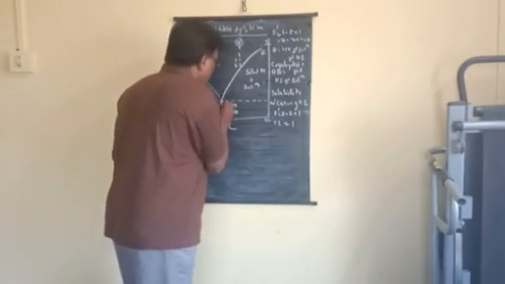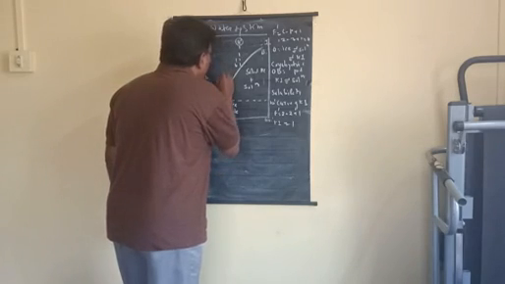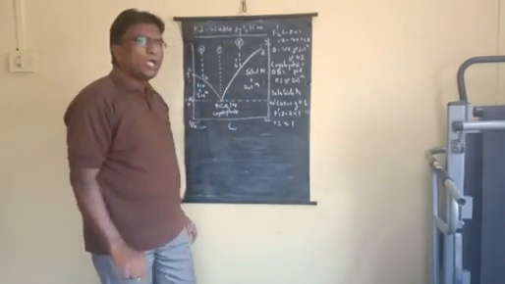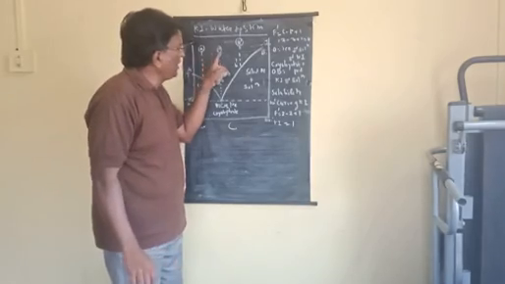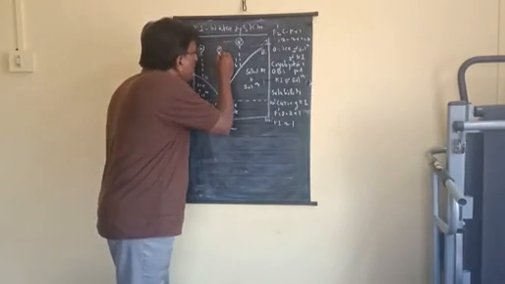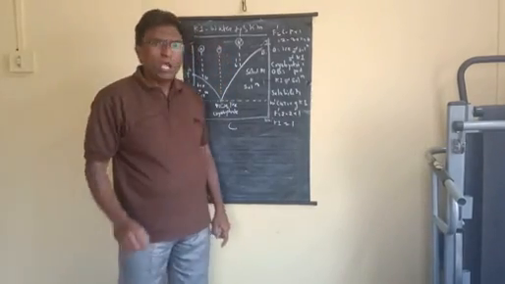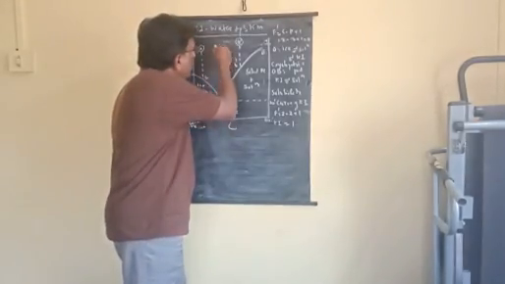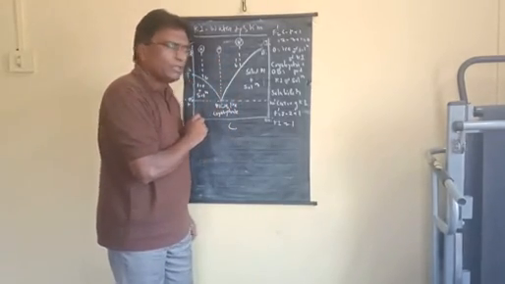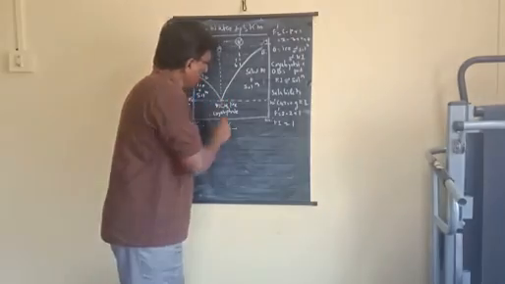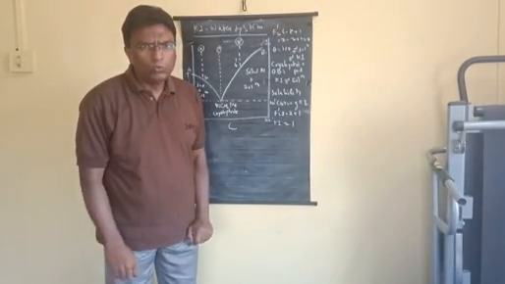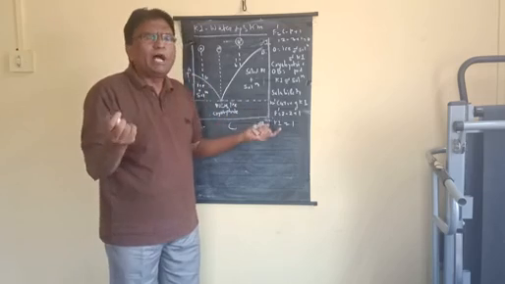Now if you consider any composition just above this cryohydric composition, suppose that is M, and if we cool that composition M, the temperature will decrease along this dotted line small m capital C, and as soon as it reaches point O, both the components separate out.